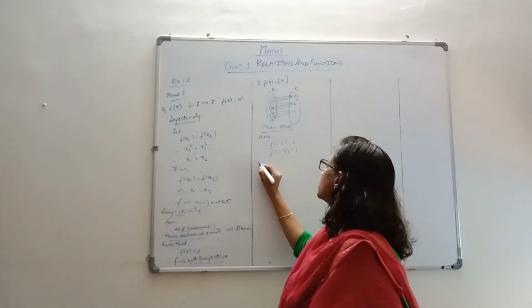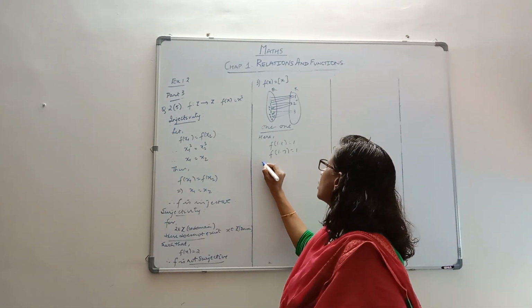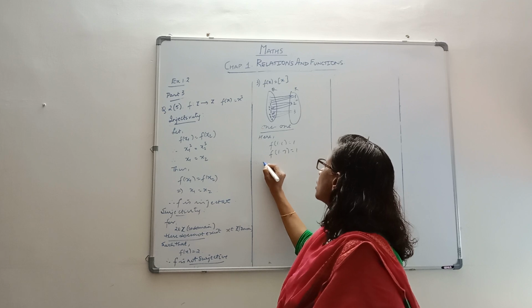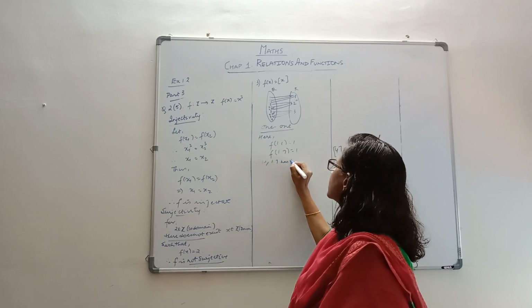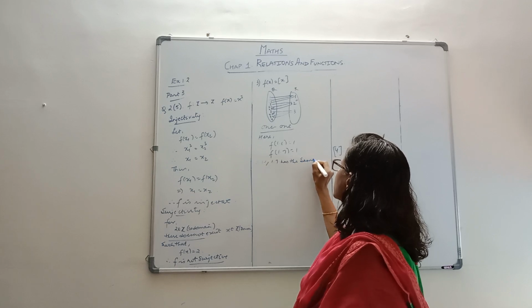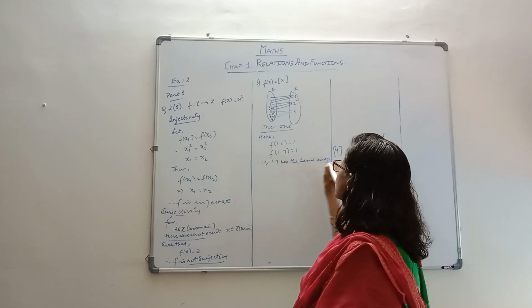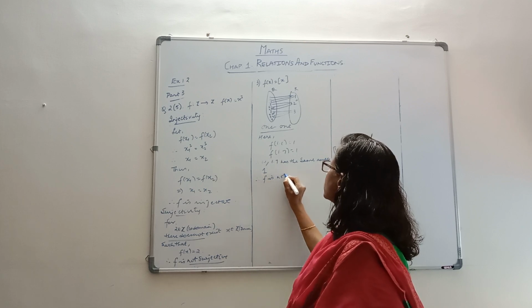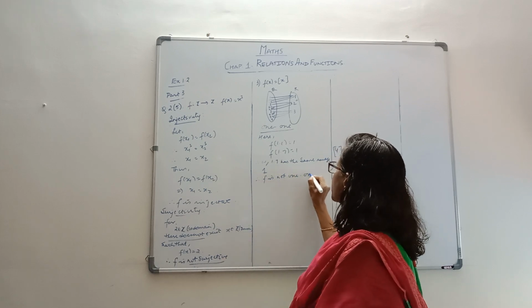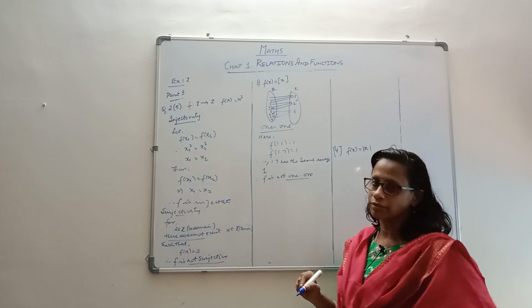So therefore 1.1 and 1.7 has the same image 1. Therefore f is not 1 to 1. We don't allow that. Okay, for 1 to 1 we don't allow that.